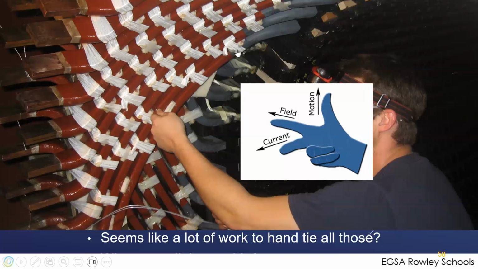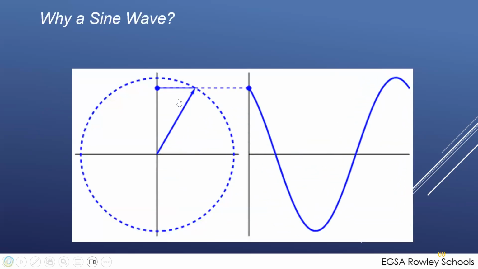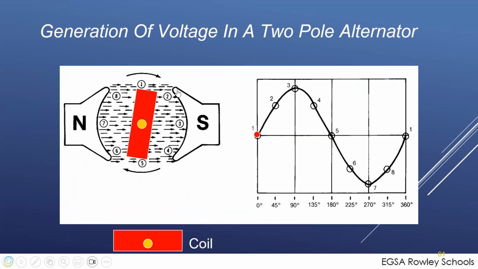So in this case, when you put the pieces all together, now we're going to take the sine wave. When we spin this rotor past here, we generate a sine wave. If you watch this animation, the highest alignment produces the most voltage.